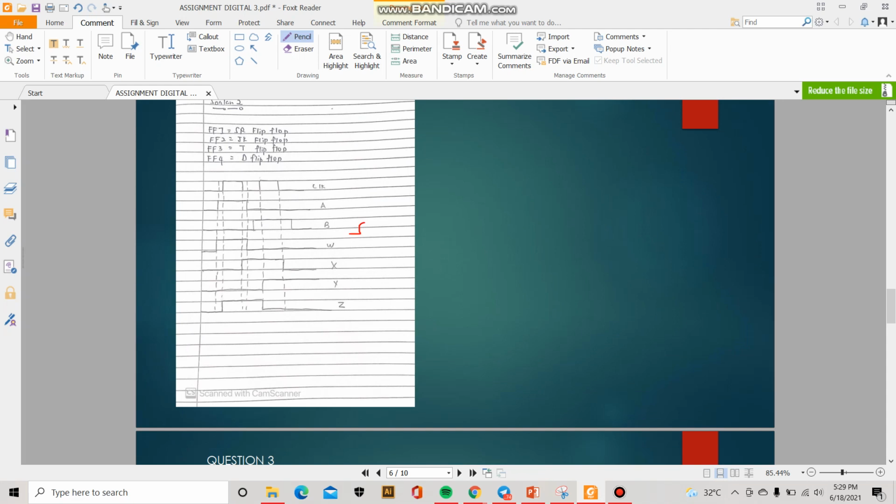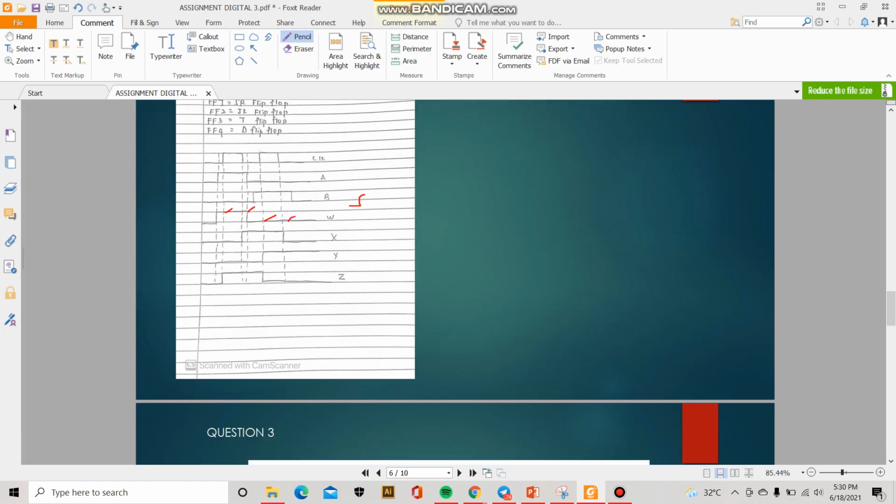SR active high. So the output must be different from the active low. So when 1 0, we get 1, and then 1 0 1, so 0 1 we get 0, 0 1 we get 0.